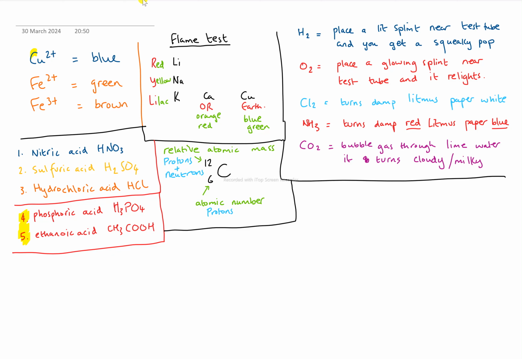So remember, group 1 is called alkali metals. Group 2 called alkaline earth metals.